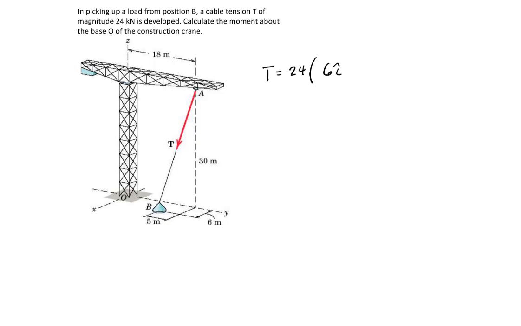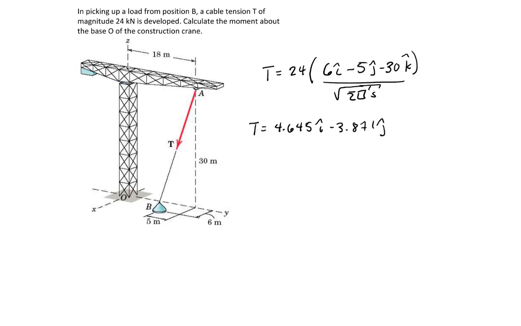So let's write all this out: 6i, negative 5j, negative 30k, and we have to divide that by the square root of the sum of the squares in order to find our total answer. So T here is equal to 4.645i minus 3.871j minus 23.23k.